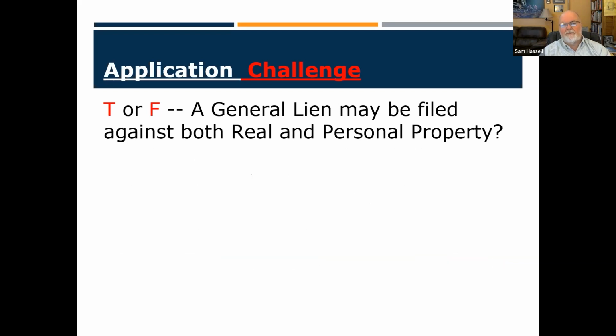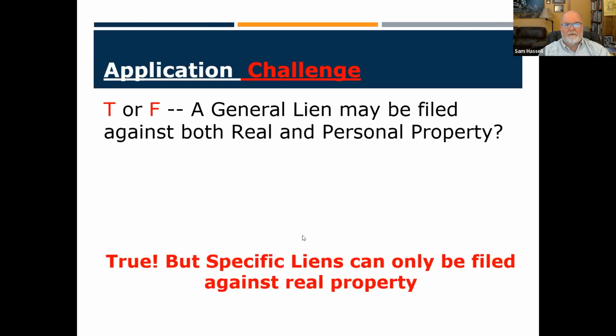True or false? A general lien may be filed against both real and personal property. Yeah, sure. But if it is a specific lien, now the general lien is your federal income taxes, your state income taxes, any judgments that are against you, any car payments, things of that nature.